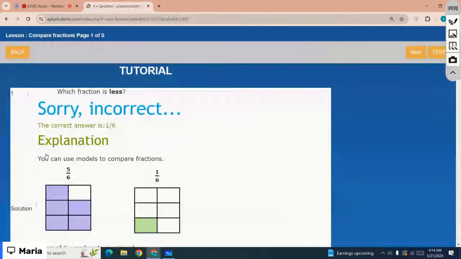Which fraction is less? 5 by 6 and 1 by 6, that's exactly the same we just did, right? 1 by 6 is less. Let's just start with the test questions.